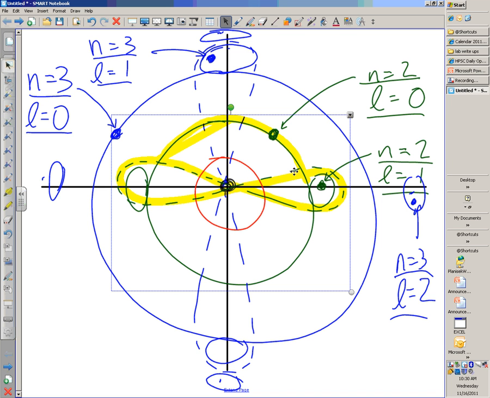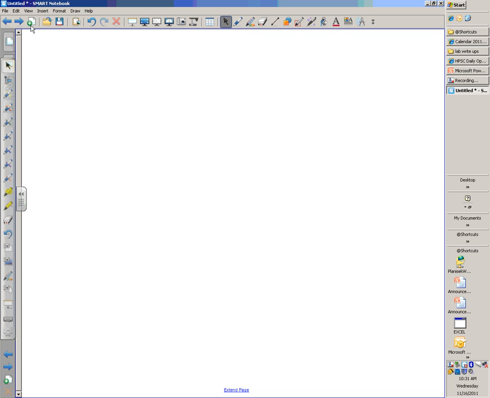Wait, that blue guideline, isn't that also a figure 8? Yes, but it's a figure 8 in which level? In the 3rd level. Yeah. So here, let's do this.